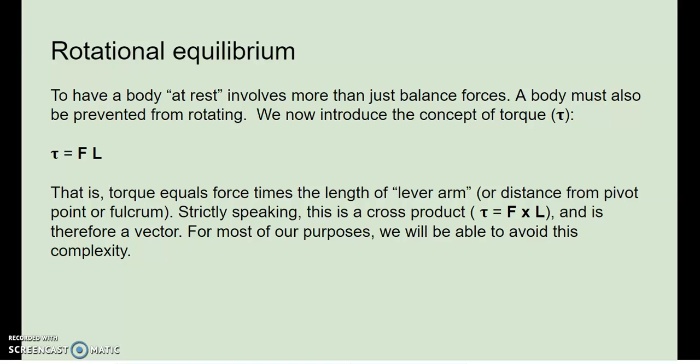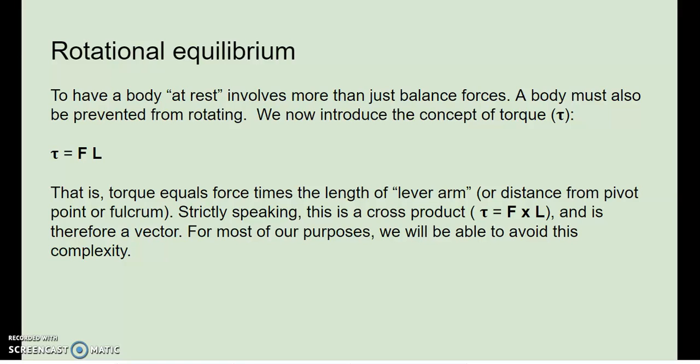This is where it gets tricky and very mathy. So, strictly speaking, we call torque a cross product, which is a vector product of force crossed into length. Now, don't worry about this too much, because I don't think you are dealing with dot and cross products yet in your math courses. But the net result is that it ends up being a vector.